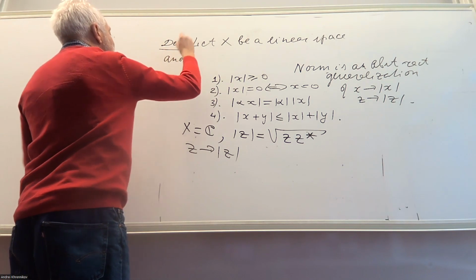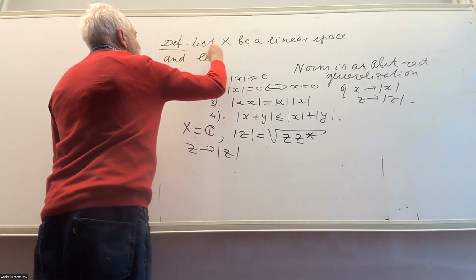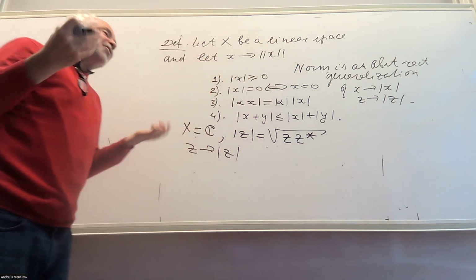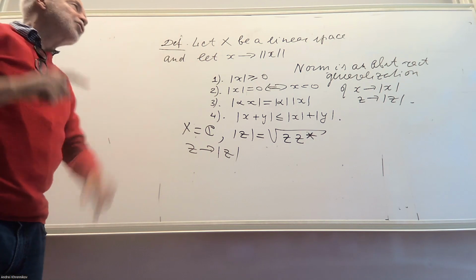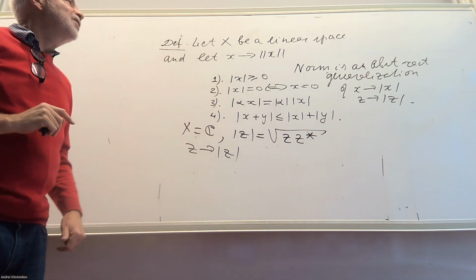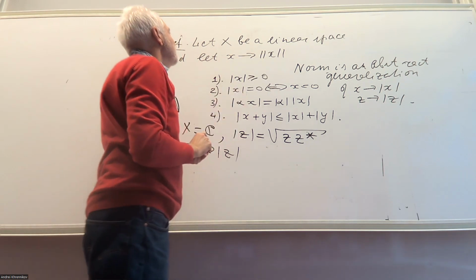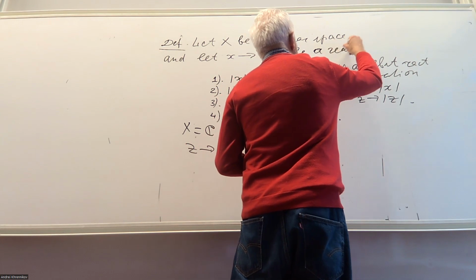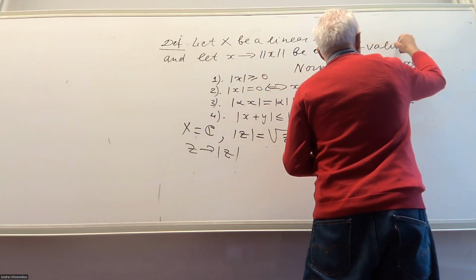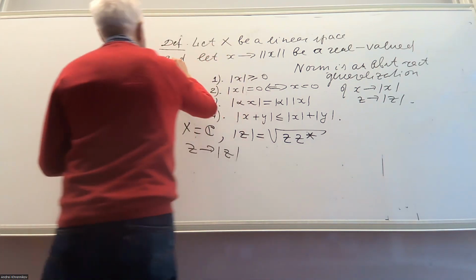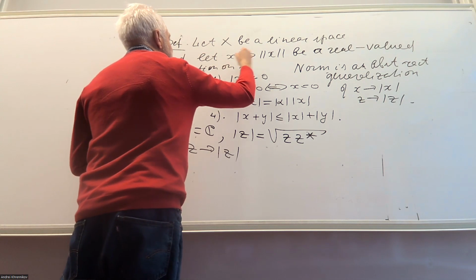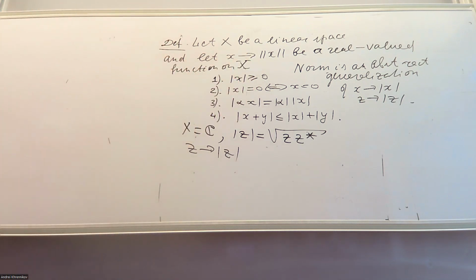And let, we cannot write just the usual absolute value because we would mix it with this, so we write it with this symbol, and let it be a real valued function on X. I remind you that the complex absolute value is also a real valued function.